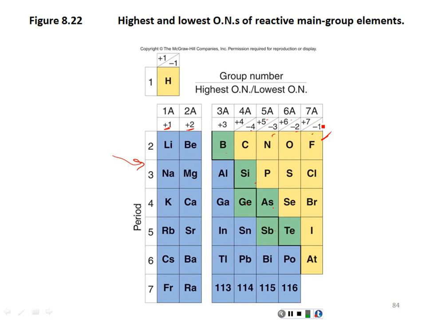Again, these ion formations are trying to get to a stable noble gas-like configuration. So carbon, for instance, can lose 4 electrons and then it becomes much like helium, or it can gain 4 electrons and become like neon.